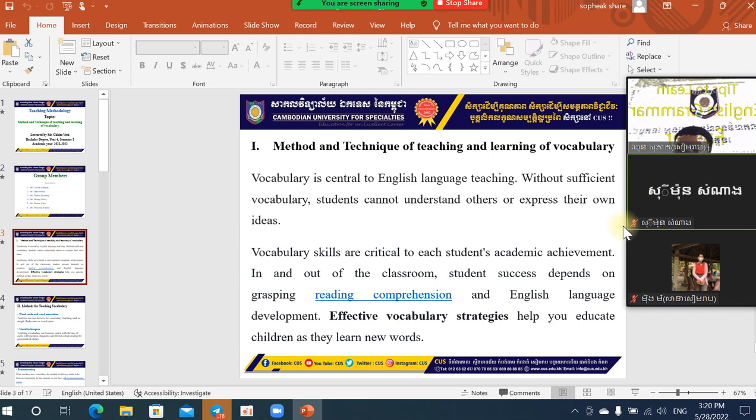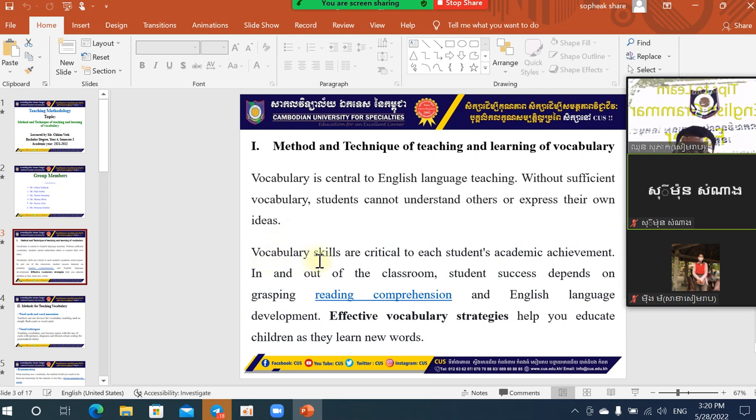And the first, method and techniques of teaching and learning of vocabulary. Vocabulary is central to English language teaching. Without sufficient vocabulary, students cannot understand others or express their own ideas.